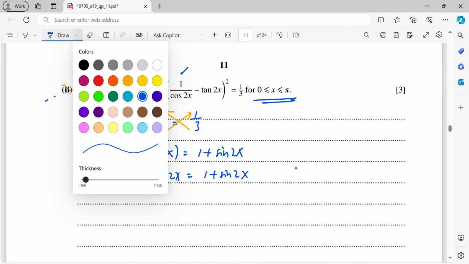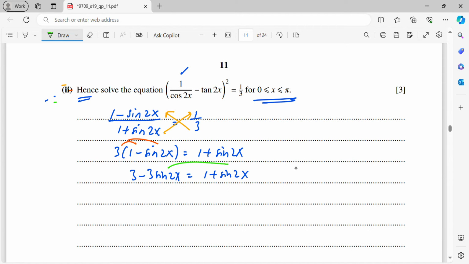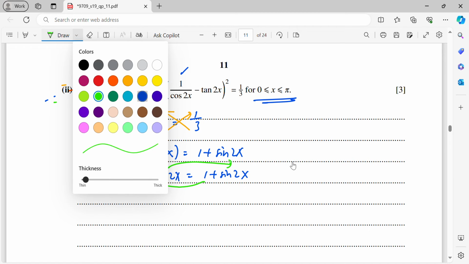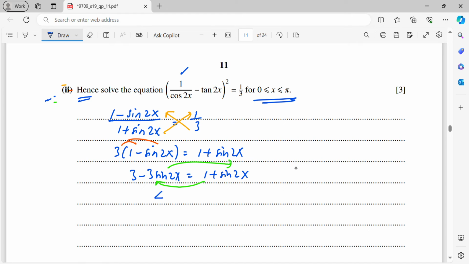Okay, and now here, this sine 2x will move to the other side, and the constant move to another side, which means I will be getting 3 minus 1 equals to sine 2x plus 3 sine 2x. So 2 equals to 4 sine 2x, hence sine 2x is half.